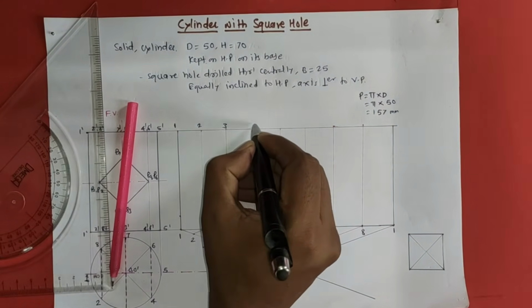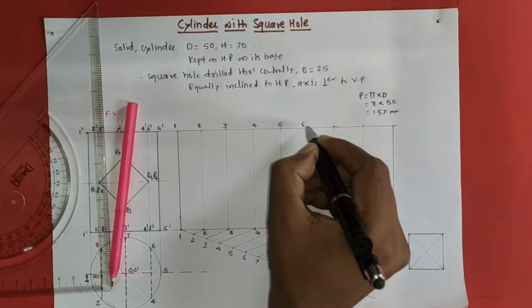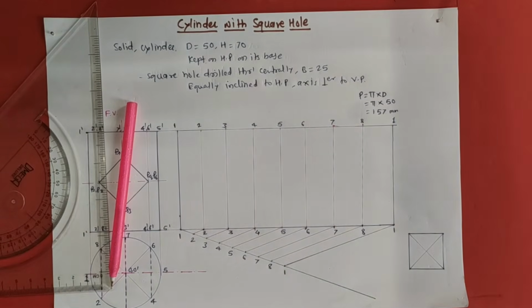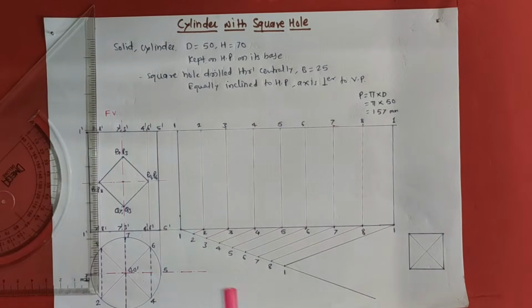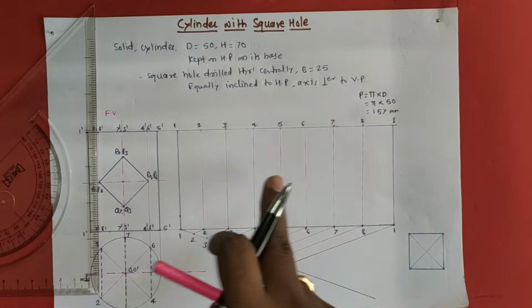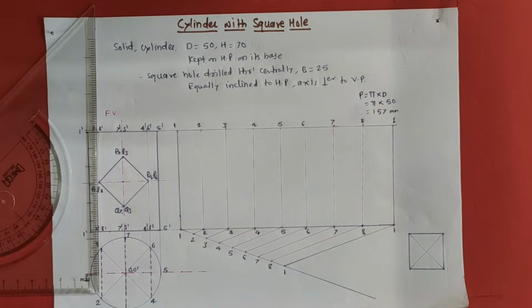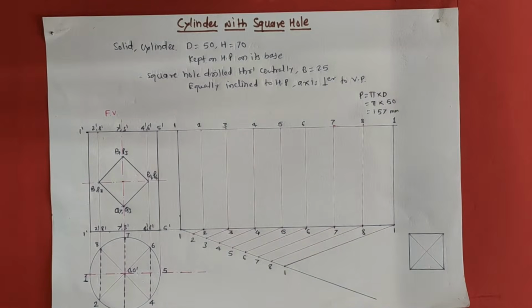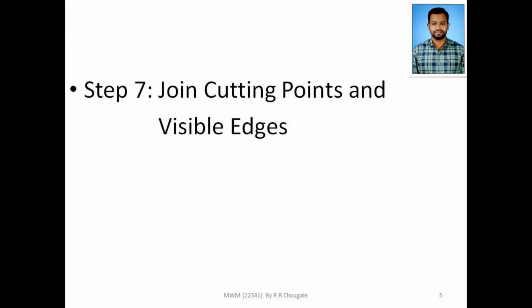So this is 1, 2, 3, 4, 5, 6, 7, 8, and again 1. Then we have drawn all the generators here. No generator will be dark as there is no edge to the cylinder, hence we have drawn all the lines faint.